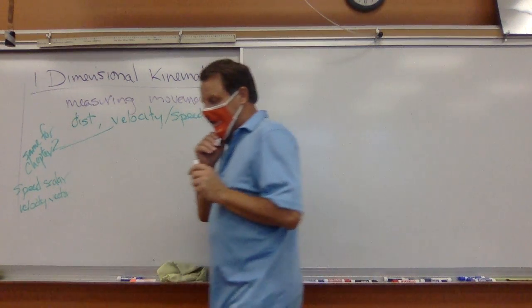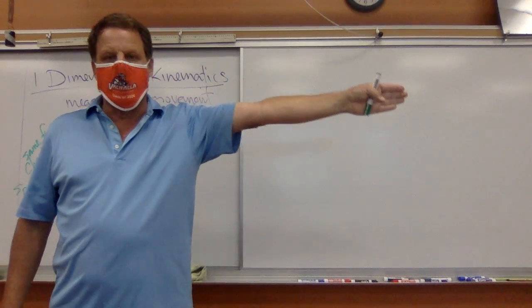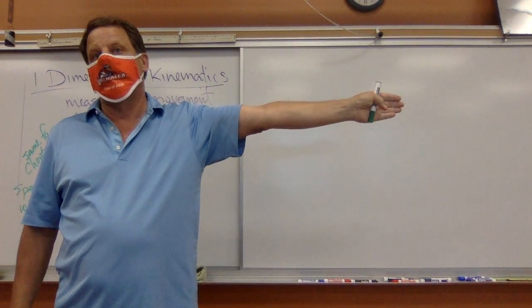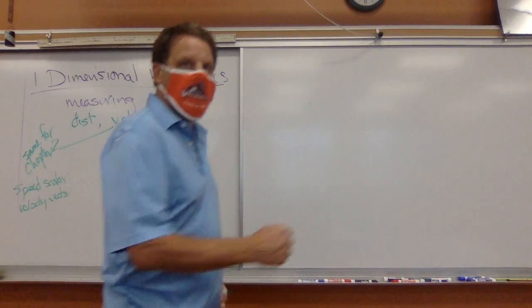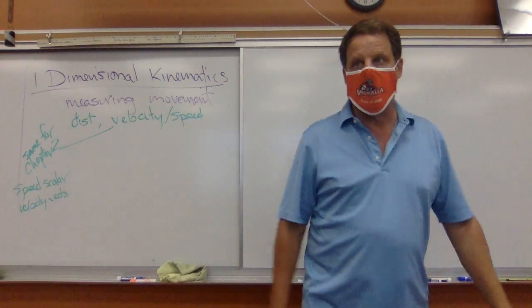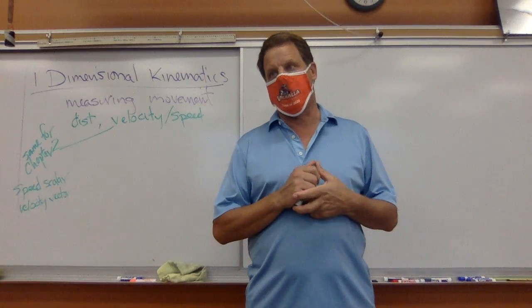For example, if I say that direction right there is positive, and I start here and I'm just walking along like this, I'm going to have a certain speed. Let's say it is 1.5 meters per second.